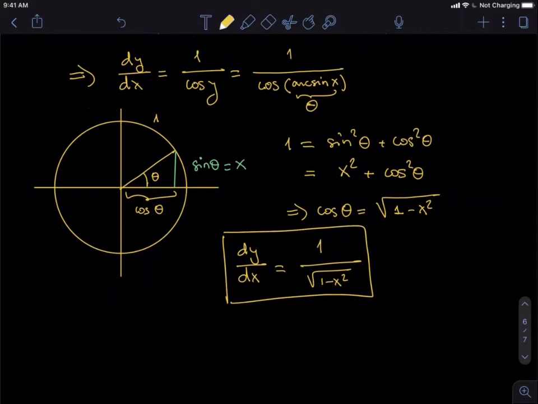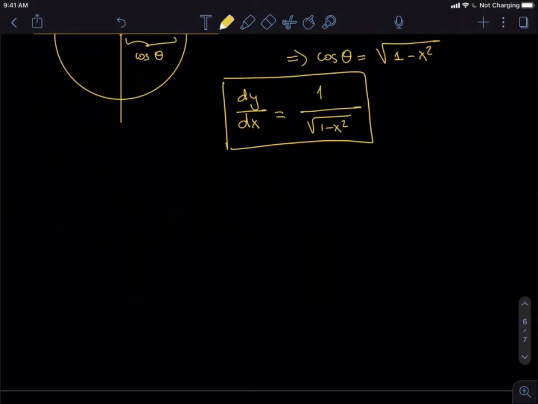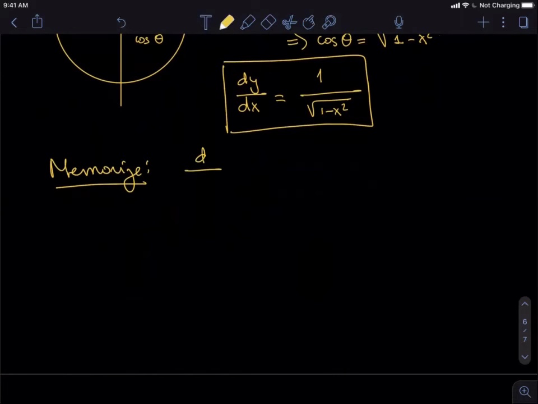So here we have a few formulas that we need to memorize. It's better if we know how to find them because otherwise we may forget.